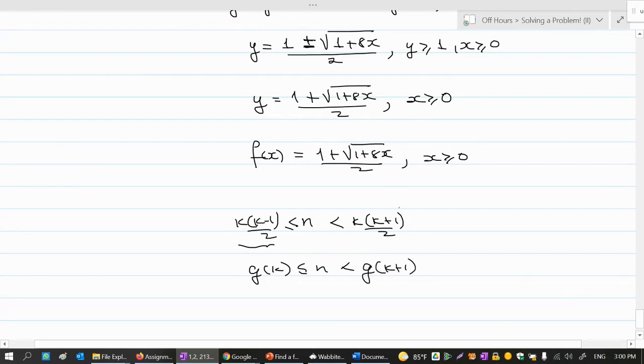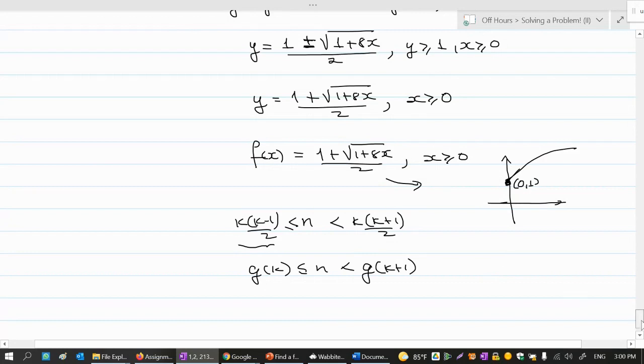Now, you can see that the function f is increasing. Actually, if you graph the function f, you're going to see that the graph is approximately like this. Remember, the domain goes from 0 to infinity, including 0, and the range includes the number 1. So this point here is the point (0, 1), and it's increasing.